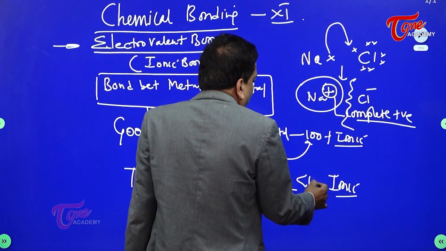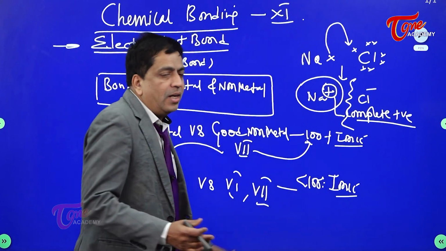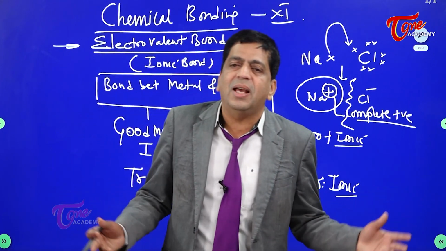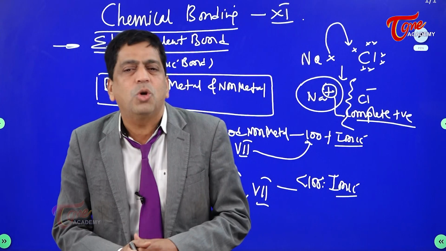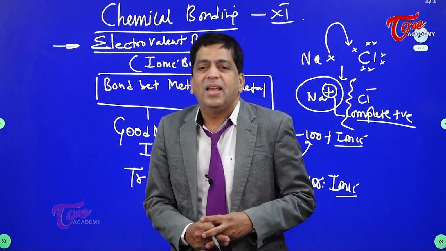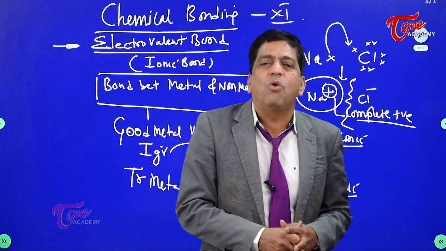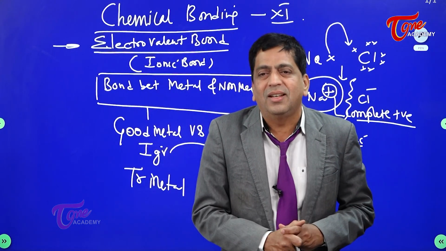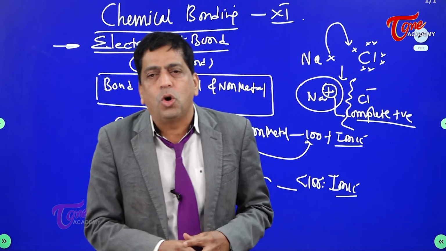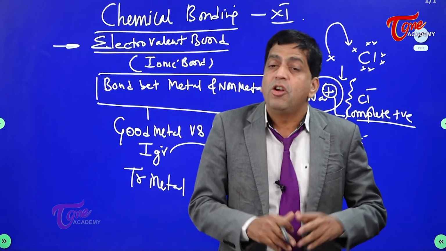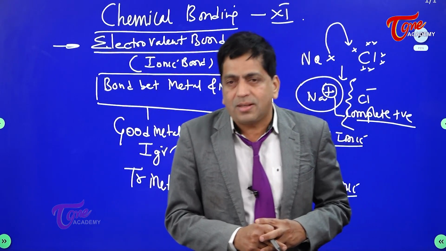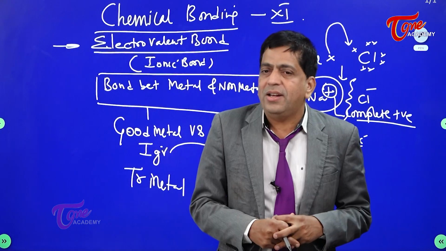They are less than 100% ionic. Some will say 80%, 90%, the remaining 10% they possess some covalent characteristics. I'm not telling they are covalent bonds. They exhibit some covalent characteristics while remaining ionic compounds. That's my contention.